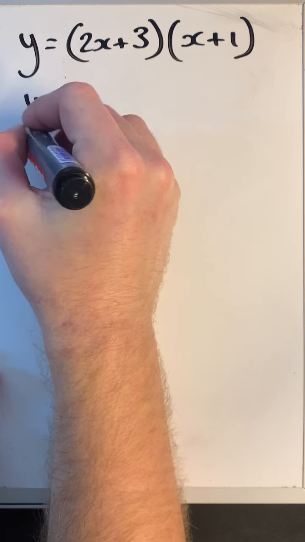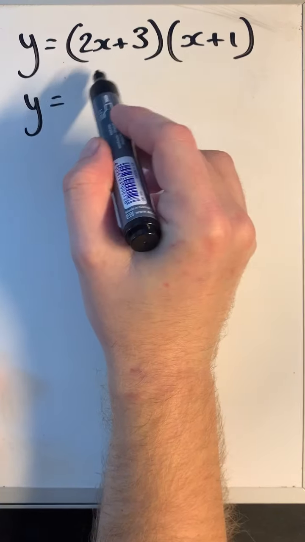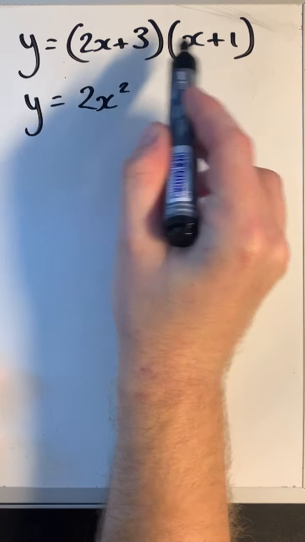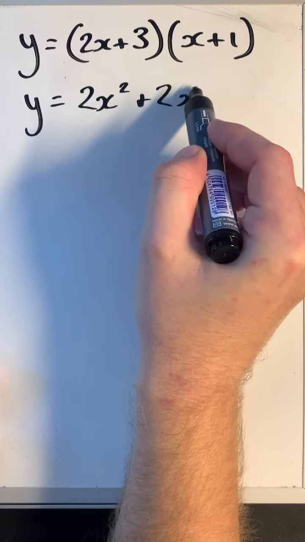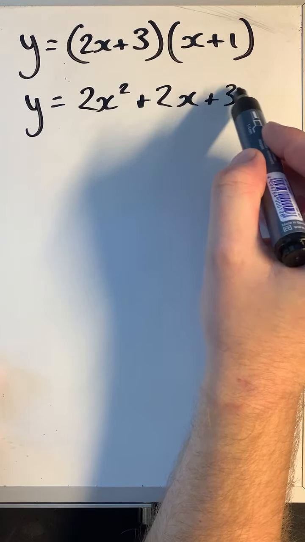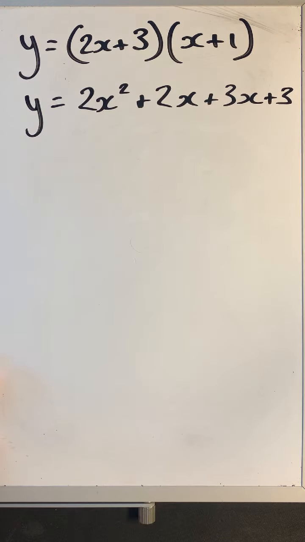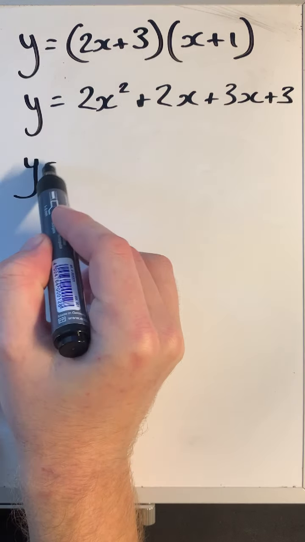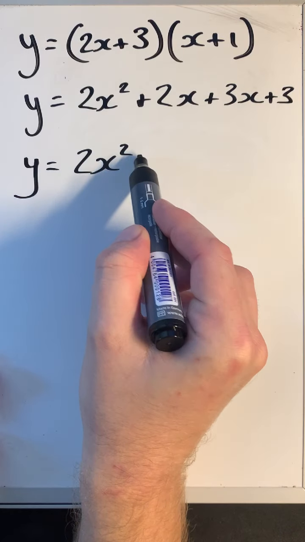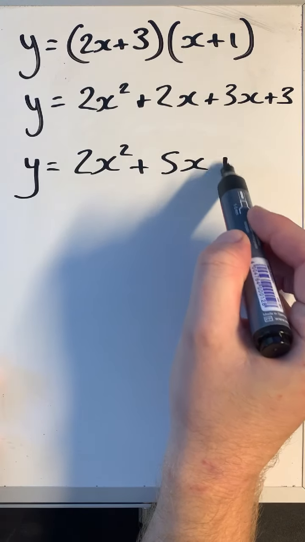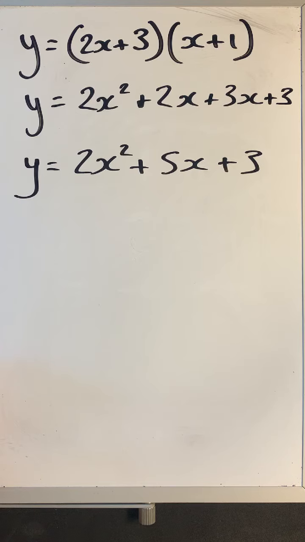So y is equal to, let's multiply this out then, we get 2x squared plus 2x plus 3x plus 3. And that gives you 2x squared plus 5x plus 3. So a little bit of algebra. And now we can differentiate because we have separate terms.